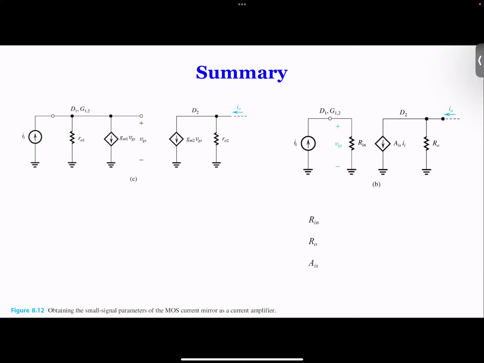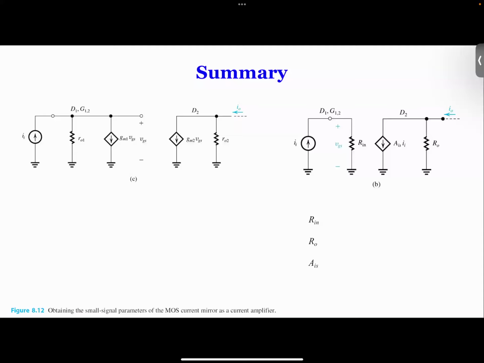So remember this circuit on the right hand is very useful for our small signal analysis. Now, you might say, oh, this is very similar to the pi model. Well, yes, it is, but this is not the pi model, okay? Remember, this is not actually the pi model. This is actually an equivalent circuit of a more complex circuit. In fact, at this time, this is more like the current mirror.